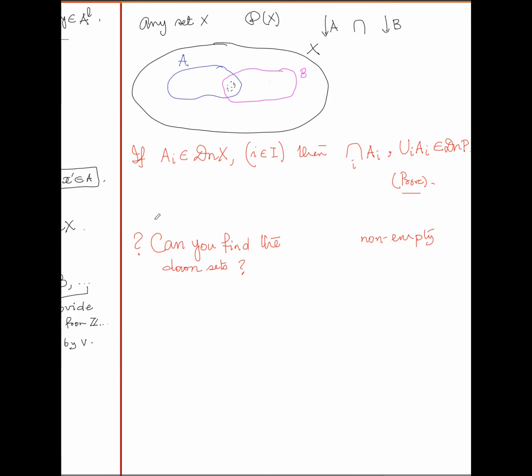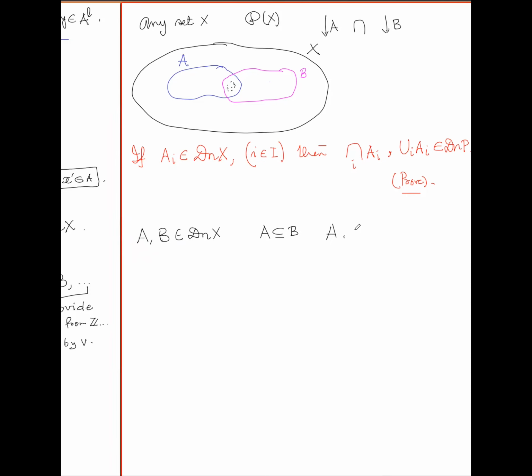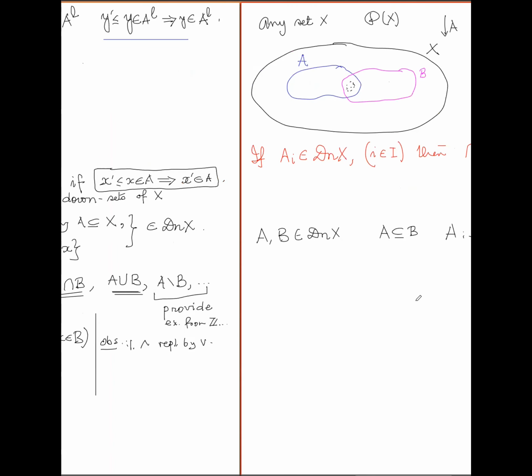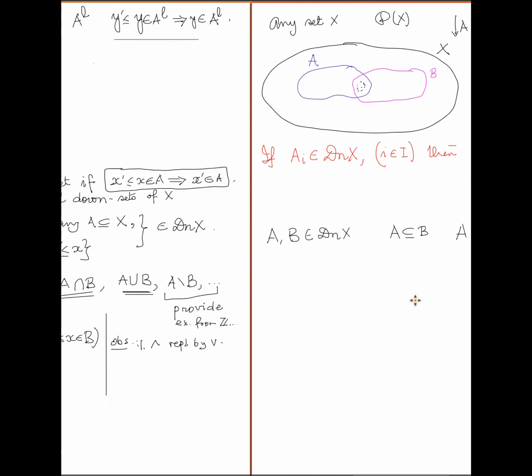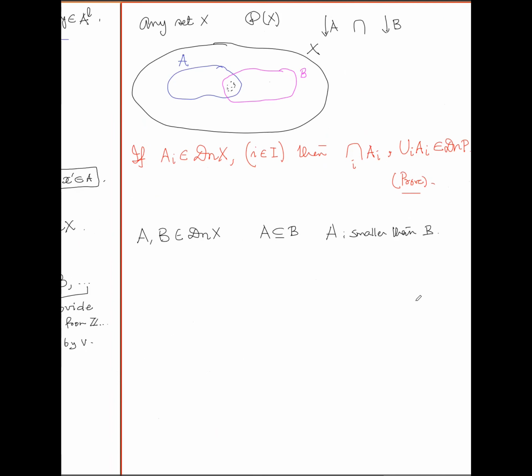So obviously, when we are looking into subsets, if A and B are downsets and A is a subset of B, then we should say that A is smaller than B, and so on, right?